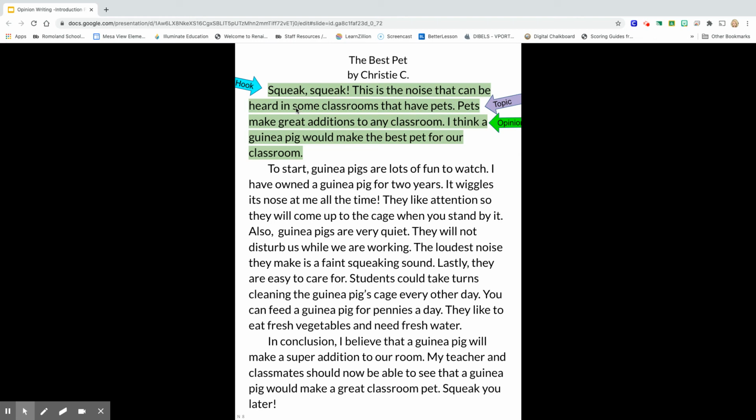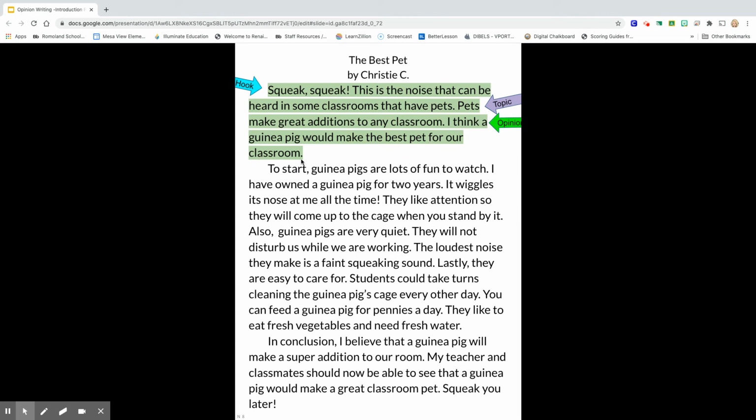This is a noise that can be heard in some classrooms that have pets. Pets make a great addition to any classroom. I think a guinea pig would make the best pet for our classroom. So we have our hook at the beginning, the topic and background sentence next, and then finally, the opinion statement. So this author has all 3 things that she has to have in her introduction.